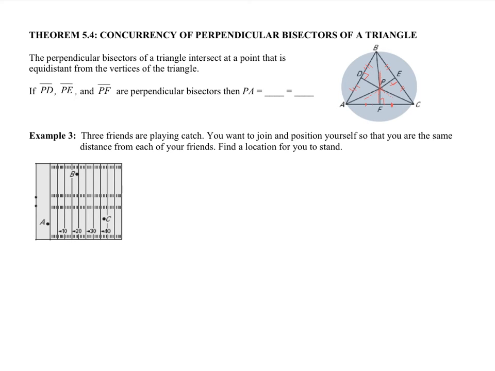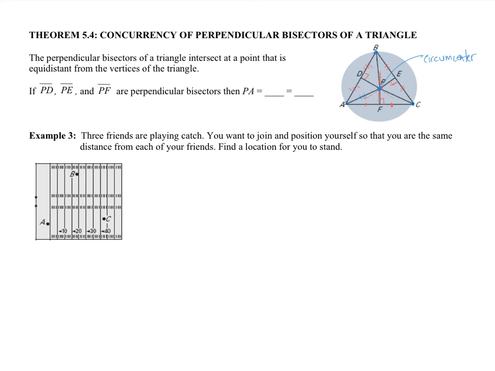Okay, and according to this theorem, it states that when these three perpendicular bisectors of a triangle intersect at this point, what we call the circumcenter, then it will be equidistant from the three vertices of the triangle.